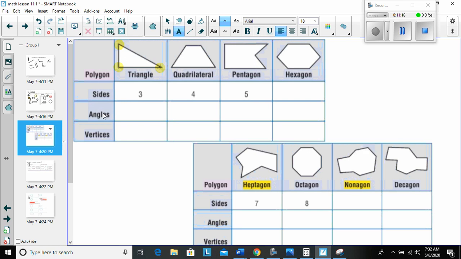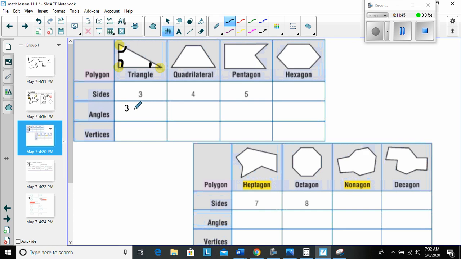It also creates 3 angles, right in here where the lines meet. This one looks like it has a right angle here, and this one up here looks like it has an acute angle, and an acute angle over on this end where the 2 lines meet. Angles, remember, are created when 2 lines meet.